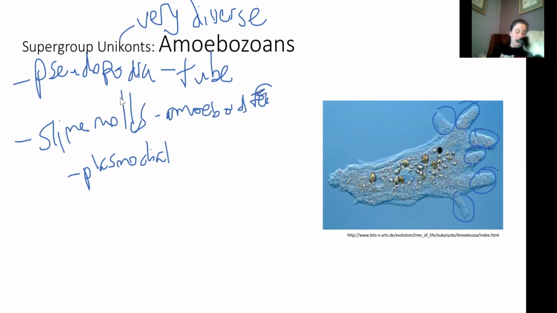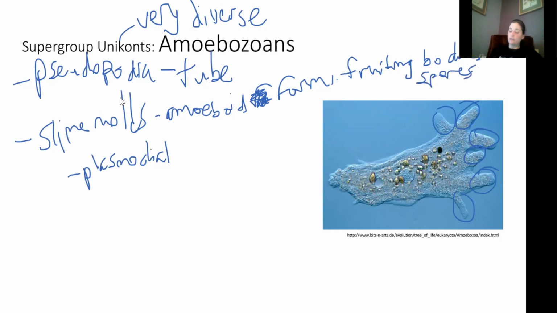All slime molds have an amoeboid form. The plasmodial ones have an amoeboid feeding one. They also form fruiting bodies, and those fruiting bodies are what produce the spores for reproduction and their life cycle.